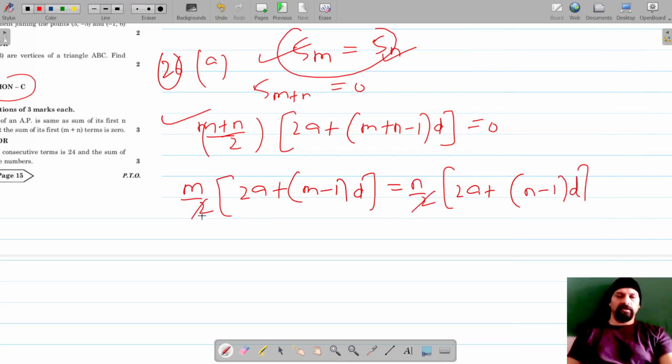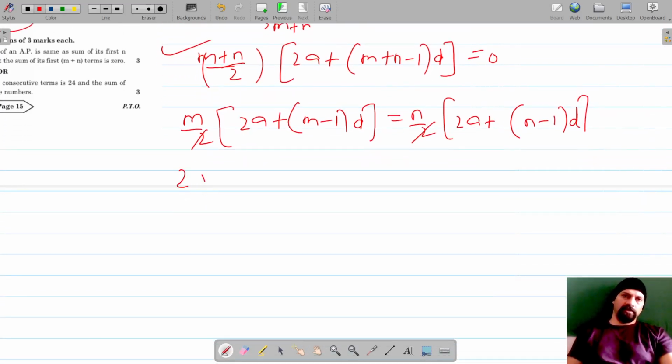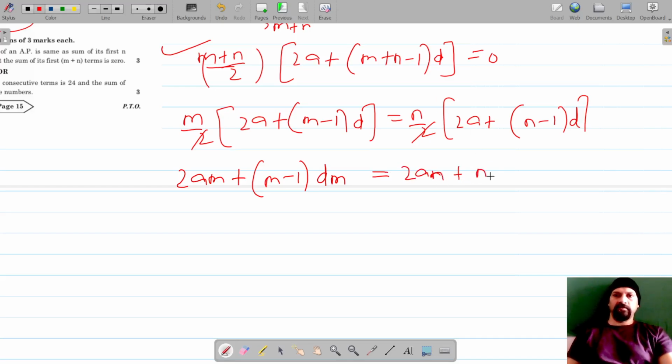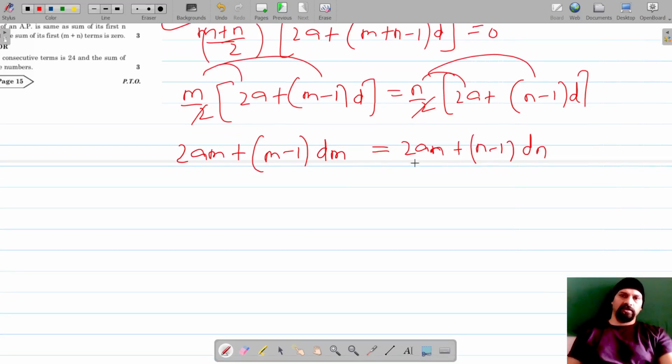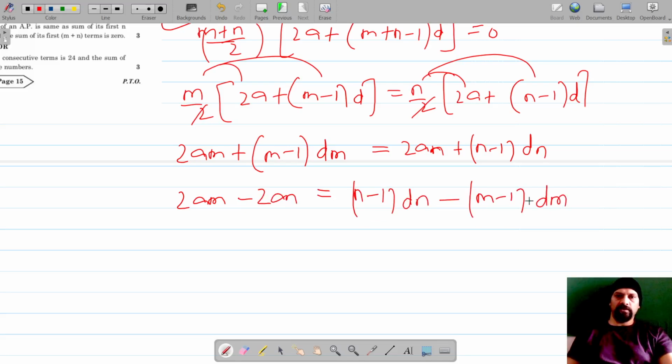So we can cancel out 2, and let's open up the brackets: 2am plus (m minus 1) into dm is equal to 2an plus (n minus 1) into dn. I have multiplied m with both the terms, and let's shift 2an to the left hand side. So 2am minus 2an is equal to (n minus 1) into dn minus (m minus 1) into dm.